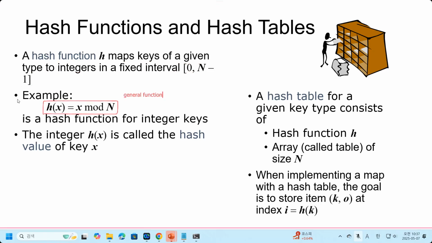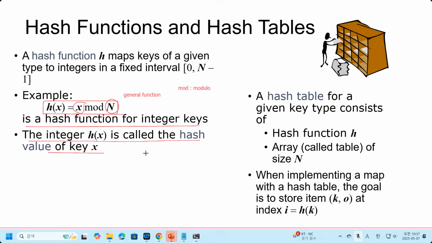Mod, do you know mod? Mod means modulo or remainder, namoji. So I want to know x mod n, where n is the size of the table, then we can use this function. Because this is the hash function for the integer keys, every integer h(x) is called the hash value of the key x.